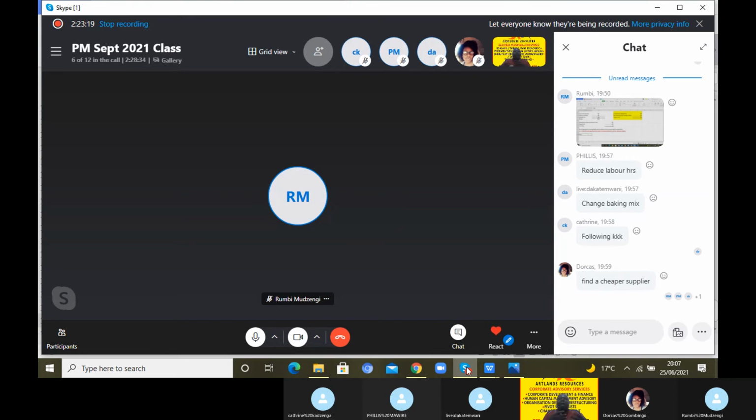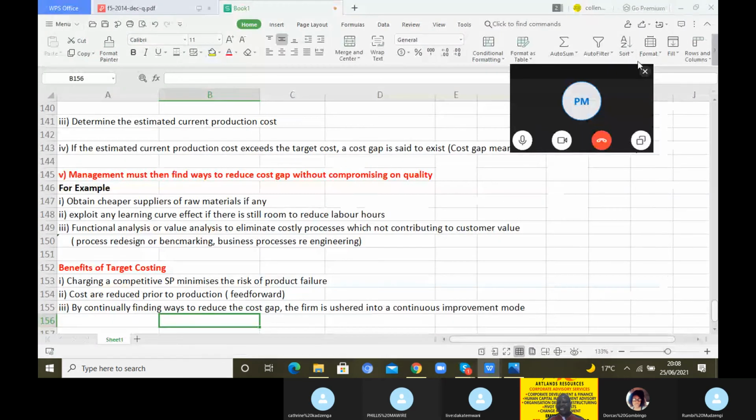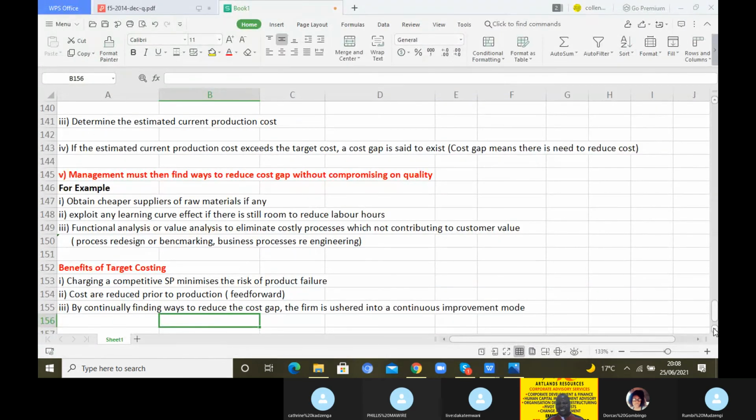Now, if you are being compelled to continuously improve, this makes the firm responsive to changes in operating environment. The firm becomes a dynamic entity, meaning its business model becomes responsive to varying customers' unique paying abilities. So you have to understand all that. So that's the benefit of having target costing. You can see I like this costing approach.